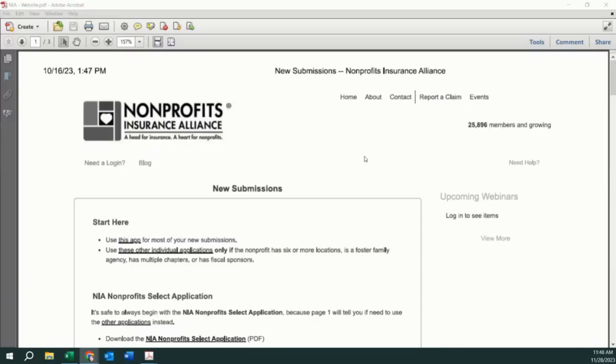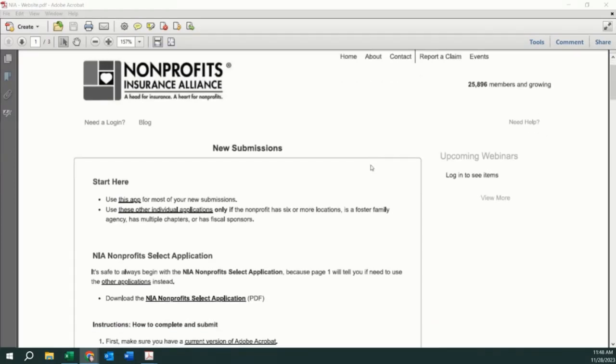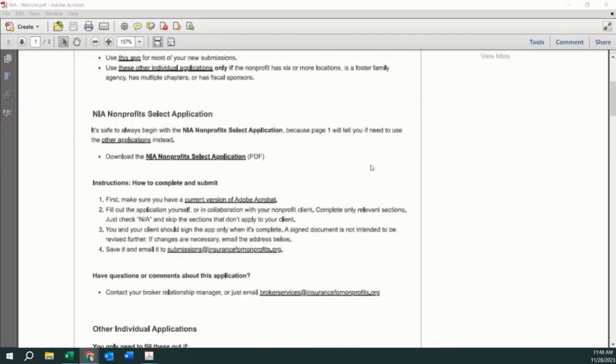And so this particular nonprofit insurance can be utilized in combination with an LLC. And I believe SEMA also has insurance companies that can be used with an LLC or a nonprofit.